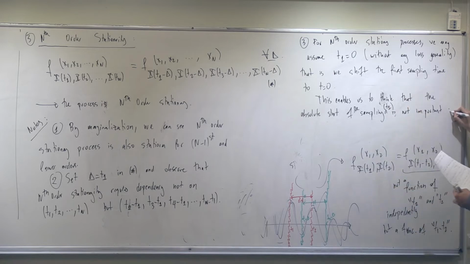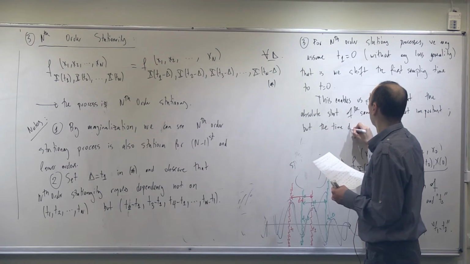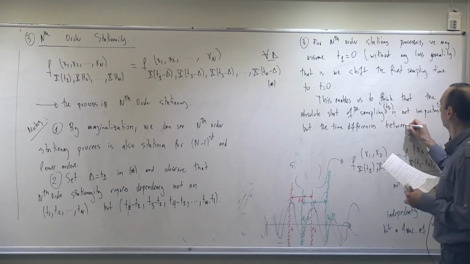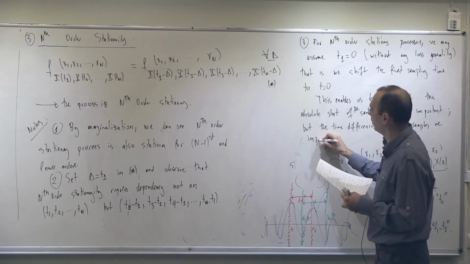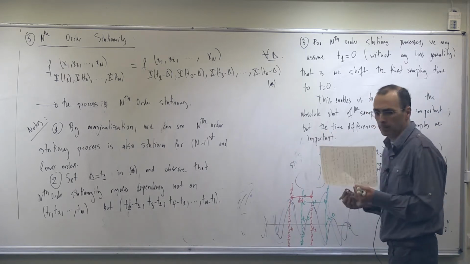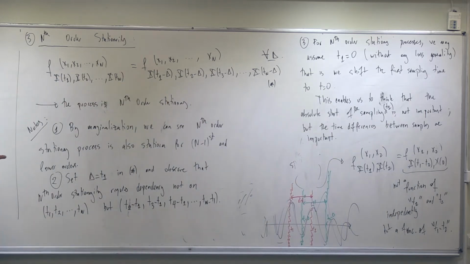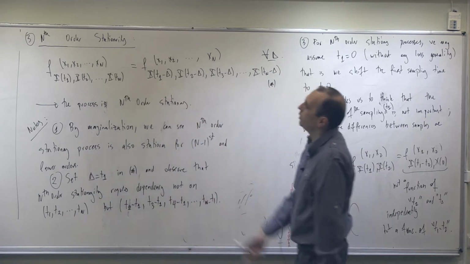T1 is not important, but the time differences between samples are important. If you think about the steady state discussions that we have given, well, it doesn't matter where you start the sampling. You can start it at this time, but the process is at the steady state. You can start at a later time. Doesn't matter, because the process is at steady state. Okay? But we don't call it steady state, we call it stationary. Process is stationary. So the first sampling time, you may take it as 0 or any time that you wish.